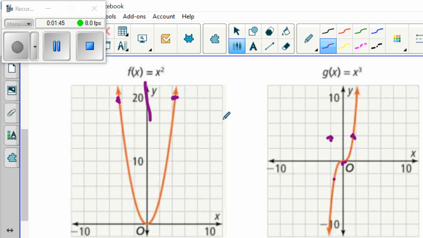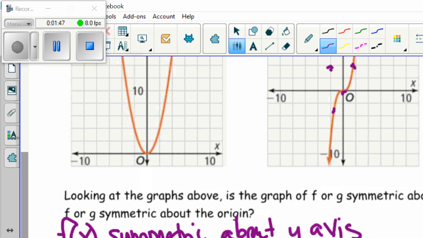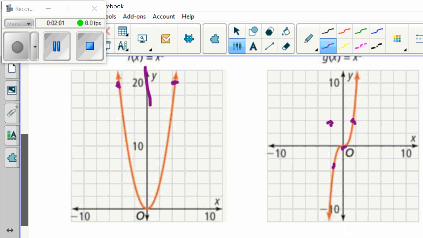So yes, g of x is symmetric about the origin. If I look at f of x, is it symmetric about the origin? If I rotate it 180 degrees, that point would be way down here, which is not on that graph. So x squared is symmetric about the y-axis, and x cubed is symmetric about the origin.